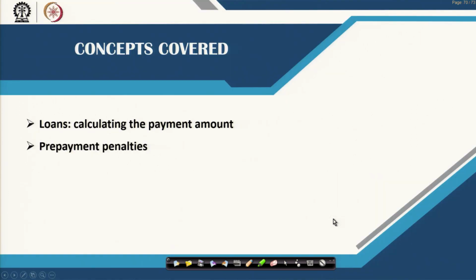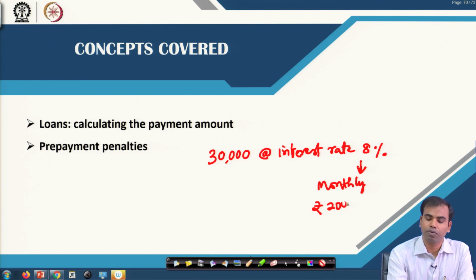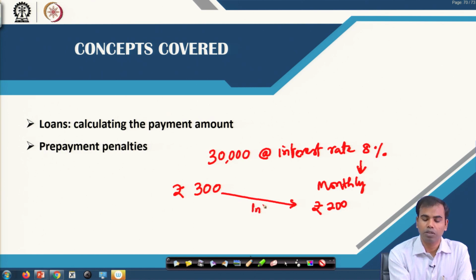So, previously we have understood that if we have taken a loan of 30,000 rupees, which is charged at an interest rate of 8%, and that interest rate is compounded monthly, we pay 200 rupees of interest in the very first month, and if we choose to pay 300 rupees as first installment, of this 300, 200 will go towards interest payment and the remaining 100 will go towards recovery of this 30,000 of principal amount, that will leave us with the principal amount in loan account to the extent of 29,900.